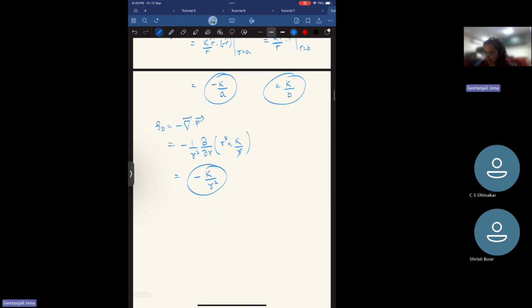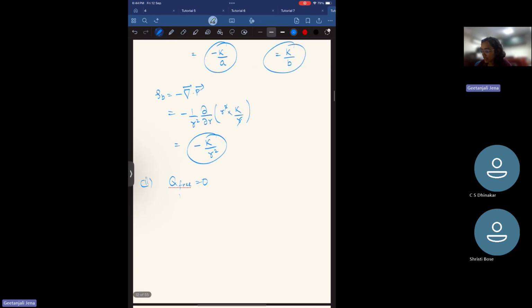For D, there is no free charge. So you can take D dot dS is Q free, which is 0. And it is valid for every region. So that is why D is 0 everywhere because there is no Q free charge.